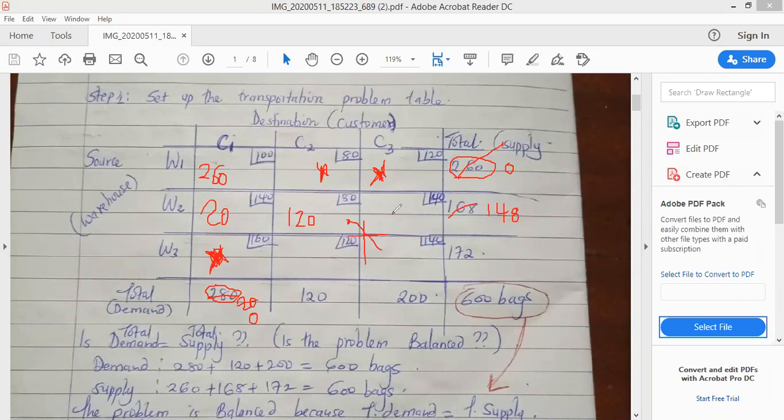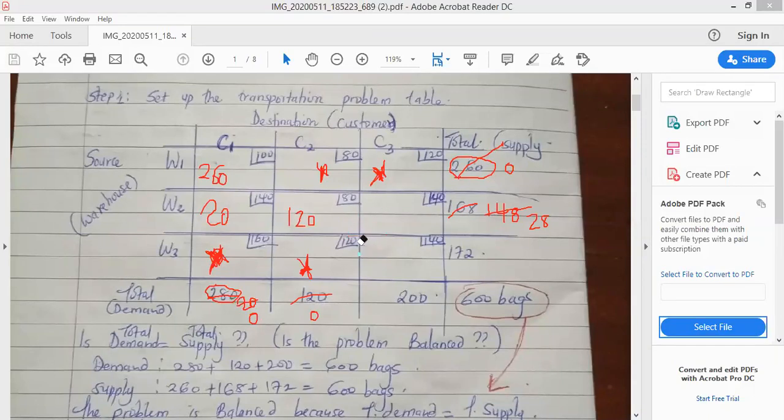And the moment we assign to this cell, we have a balance of 28 units here. Okay? And we have satisfied this particular destination, so there's no more allocation to it, and this cell is going to be an empty cell. Then we are now left to satisfy destination C2.